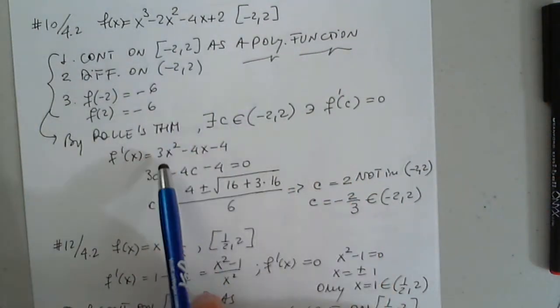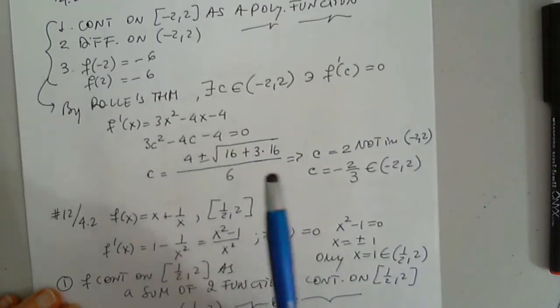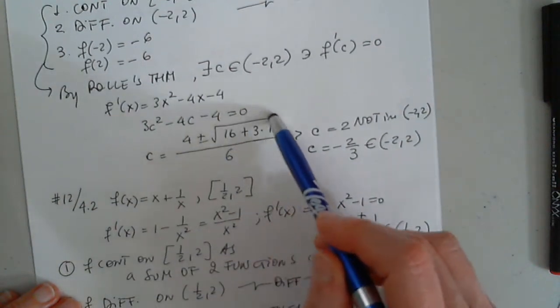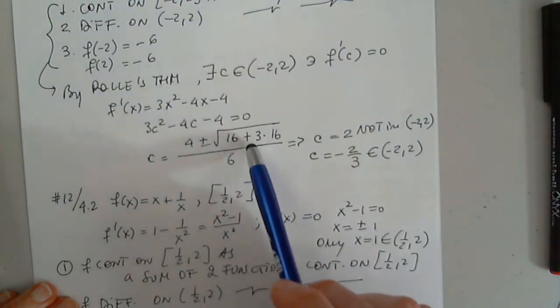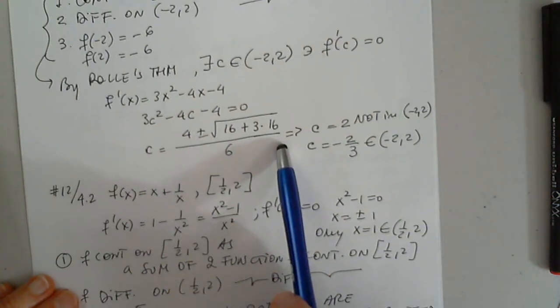We determine f prime, so I get 3x squared minus 4x minus 4. I set this equal to 0. I have to use the quadratic formula, -b plus or minus the square root of b squared minus 4ac, but there is another minus in here, so then plus 4ac, 3 times 16.